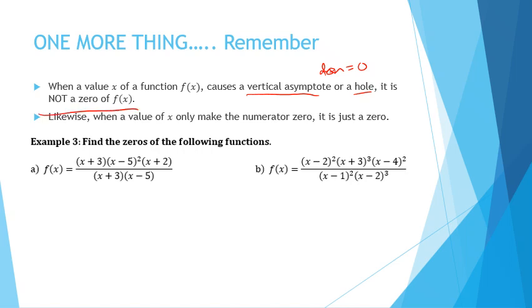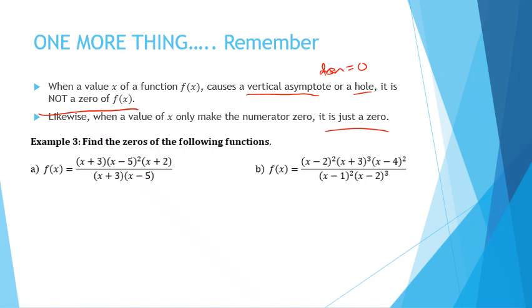We exclude that from being a zero. It is going to cause a vertical asymptote or a hole, and that's the category it falls into. Likewise, when you see a value that is only making the numerator 0, but is not found at all in the denominator, that's not considered a hole. It's also not considered a vertical asymptote. It is just a zero.